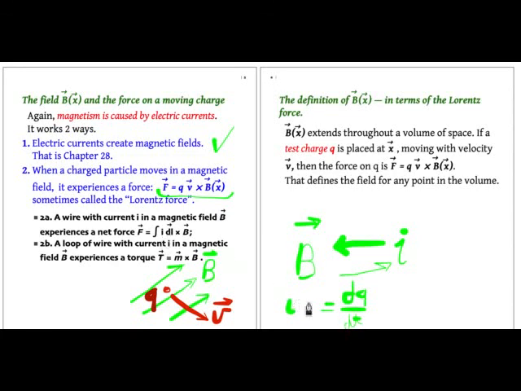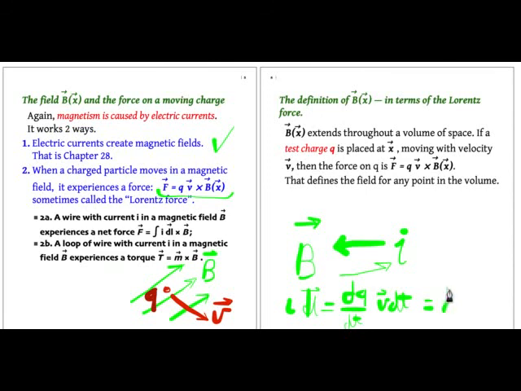So I times dl, a little length along the wire, will be dq/dt, that's I, and dl will be v dt, that's the length along the wire for the particles that are moving in a time dt. They have a kind of an average velocity v. So you see the dt cancels.